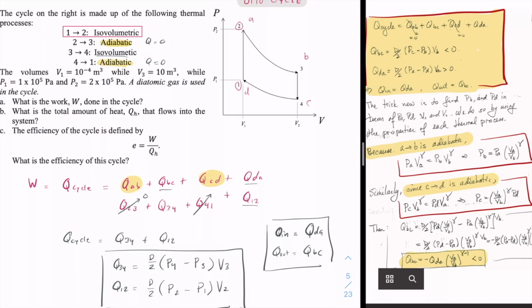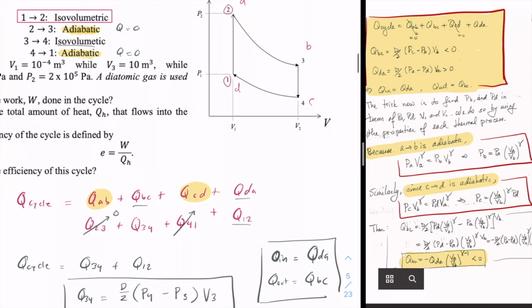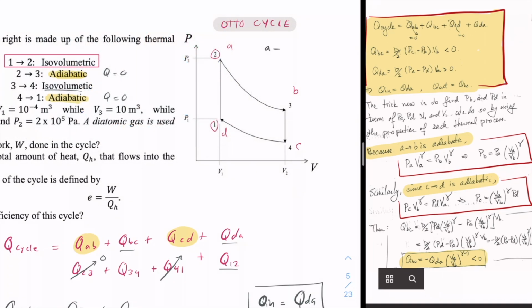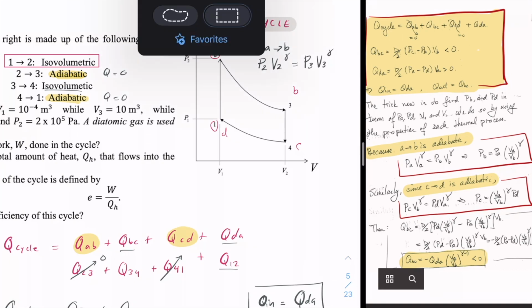Because A to B is adiabatic, I know that P2 V2 to the little gamma is going to be equal to P3 V3 to the little gamma.